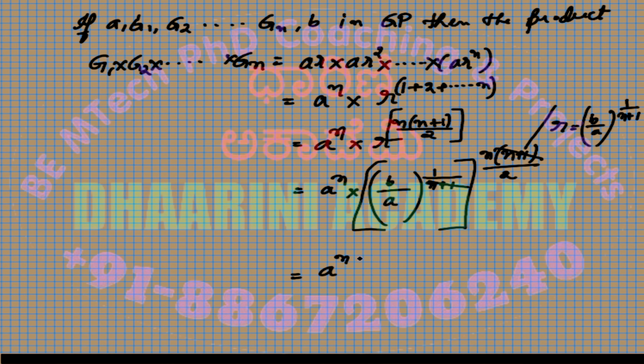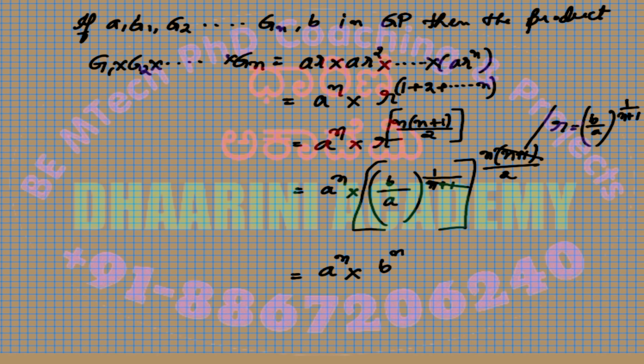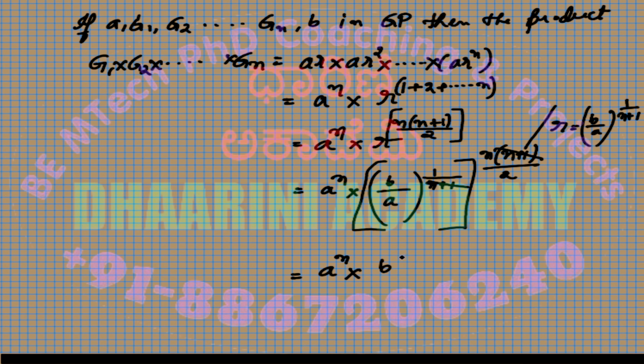So this is a to the n into (b by a) to the power n by 2. I can rewrite this as a to the n into b to the n by 2 divided by a to the n by 2.